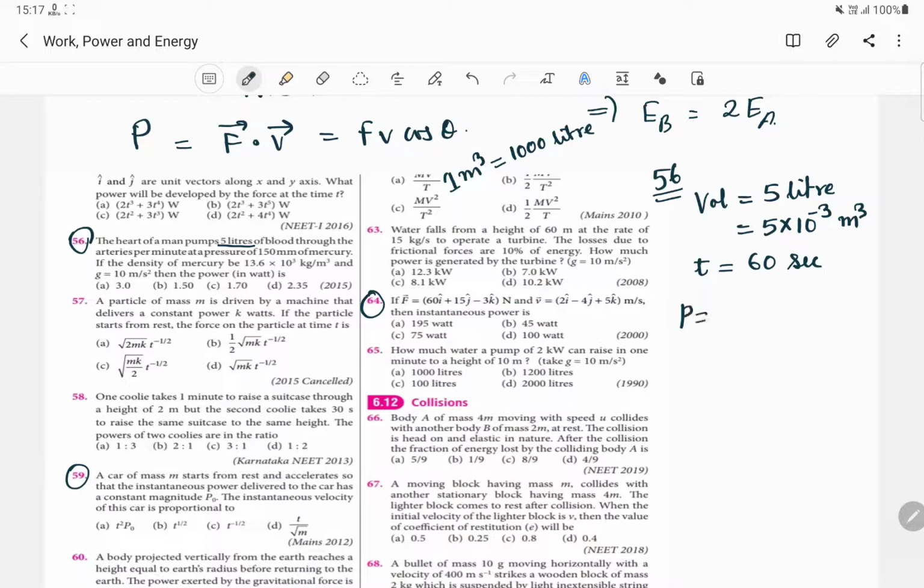Pressure is equal to h rho g. You just put the value here. What is the value of h? h is given as 150 mm. Mm means millimeter, and this must be converted in terms of meter, so it must be multiplied with 10 to the power minus 3. And what about the density?